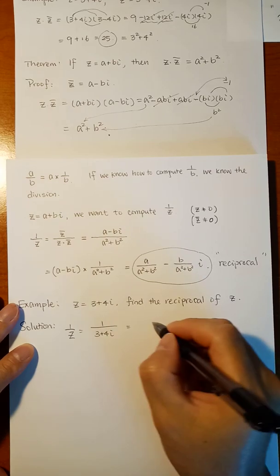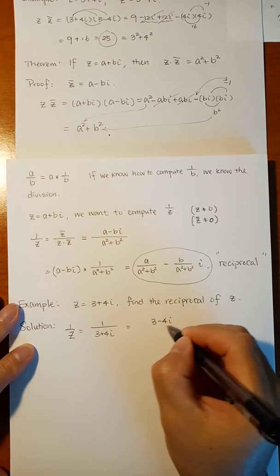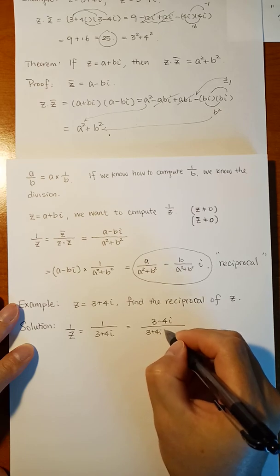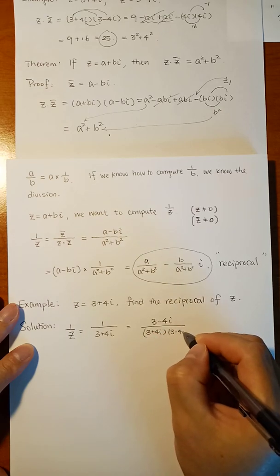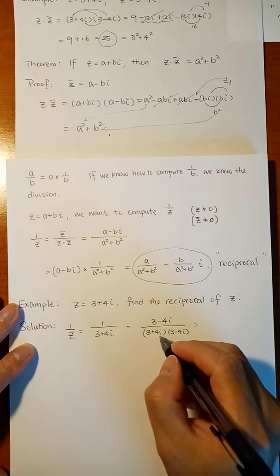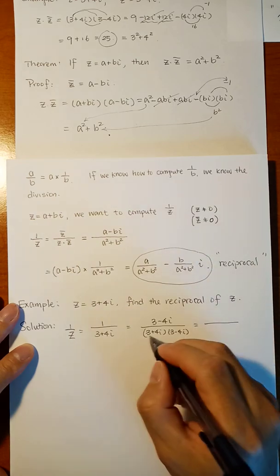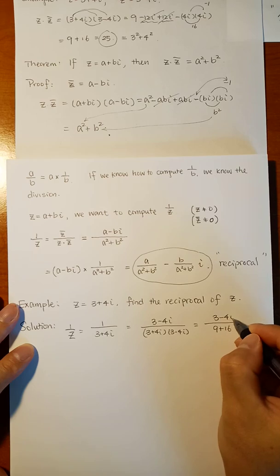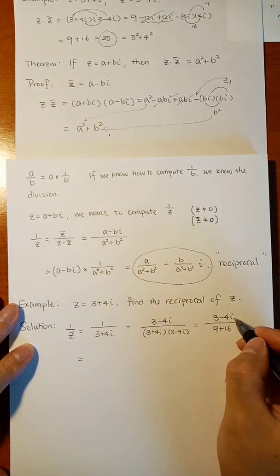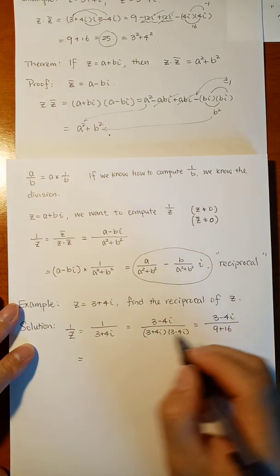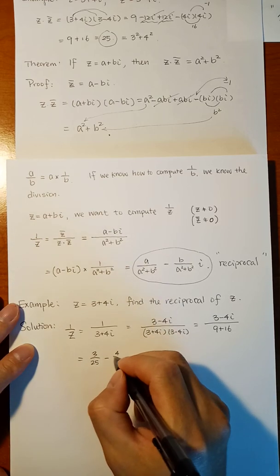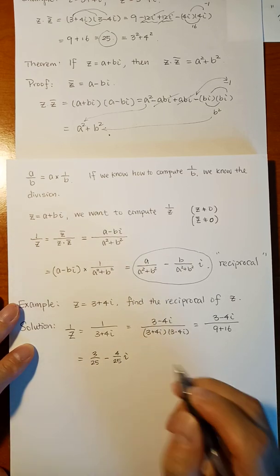We multiply top and bottom by its conjugate, which is 3 minus 4i. The denominator is a squared plus b squared, so a squared is 9, b squared is 16, and it's 25. So it's 3 minus 4i over 25, which is 3 over 25 minus 4 over 25 times i.